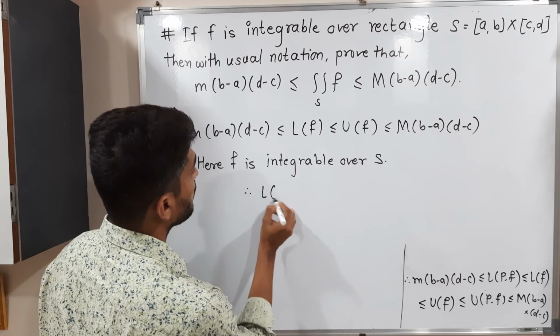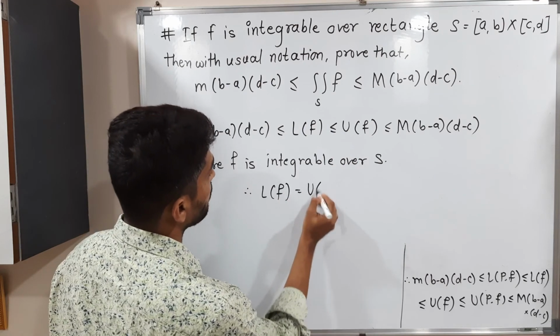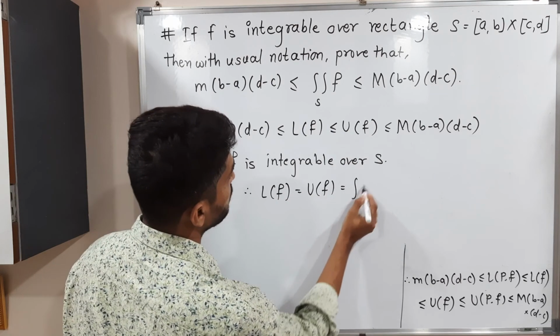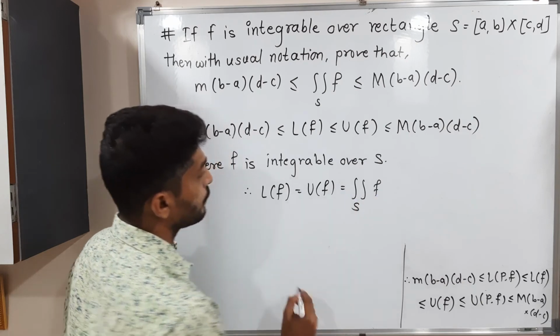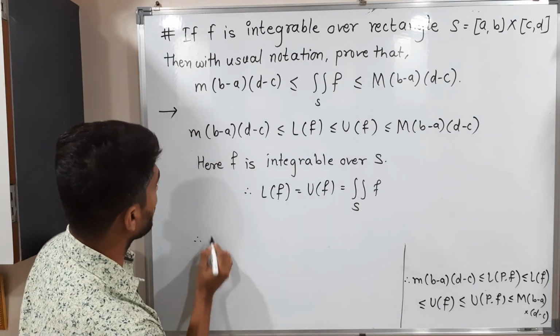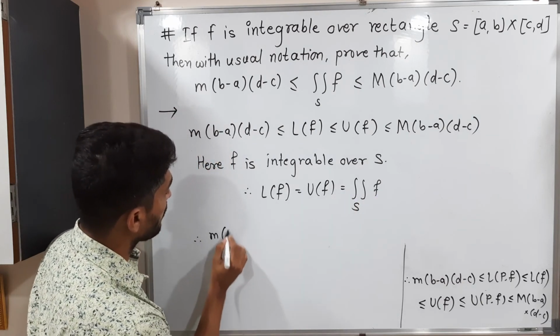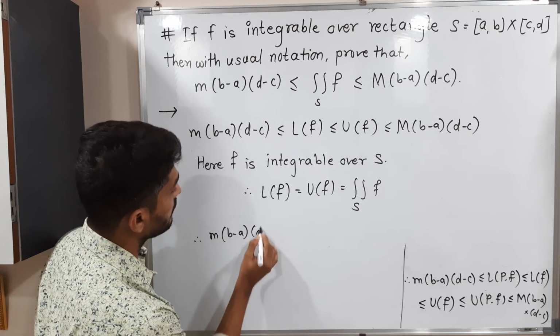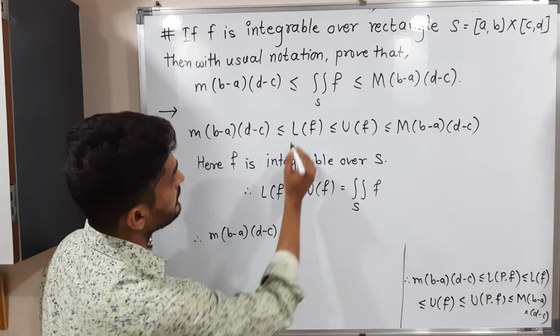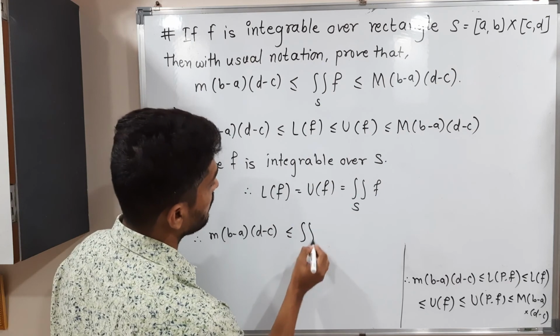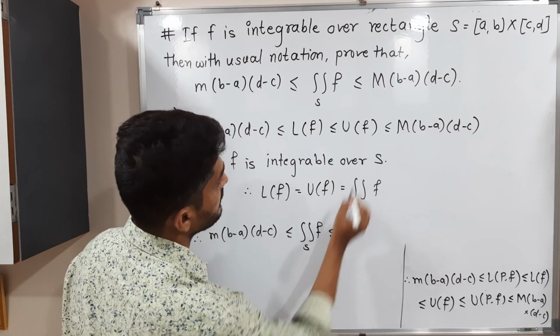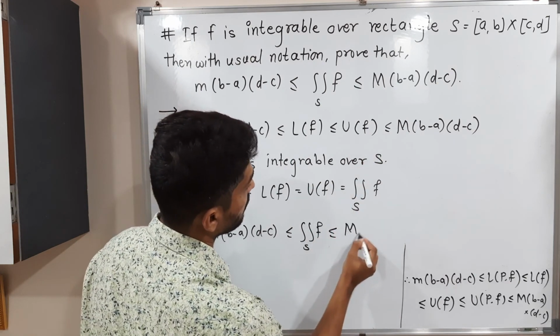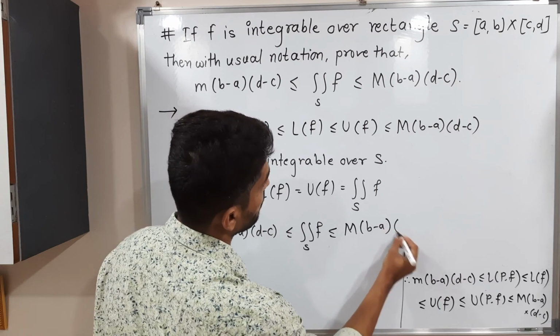Therefore I can write LF is the same as UF, which is the same as the actual double integration over S. So I can write m(B minus A)(D minus C) is less than or equal to the value of the integration, and this is less than or equal to M(B minus A)(D minus C).